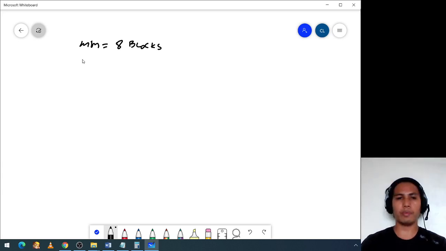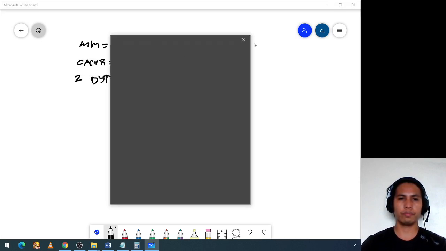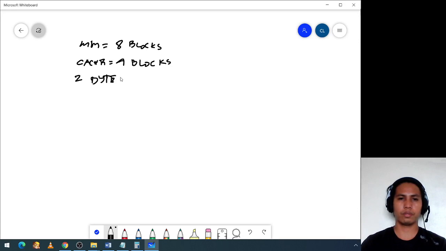Then we also have a cache of, let's say, 4 blocks with a size of, let's say, 2 bytes.